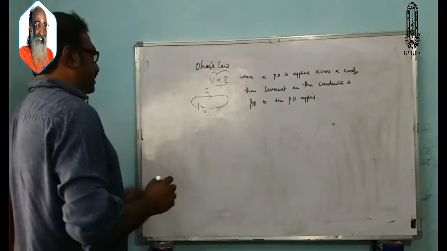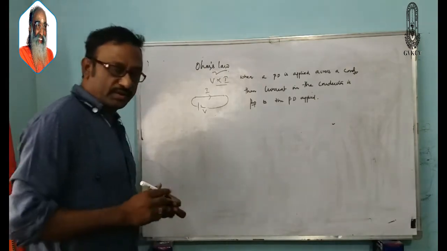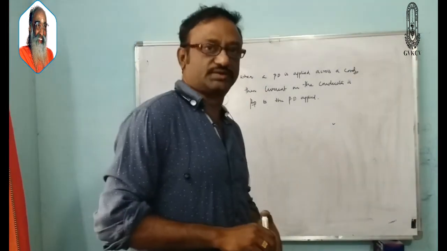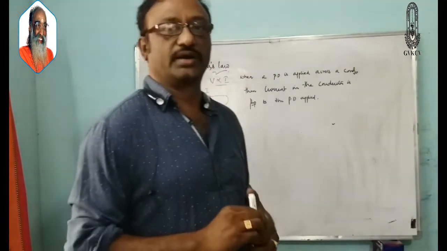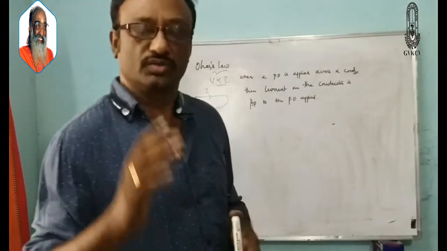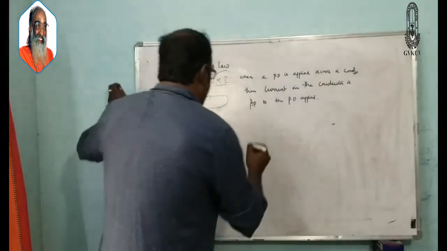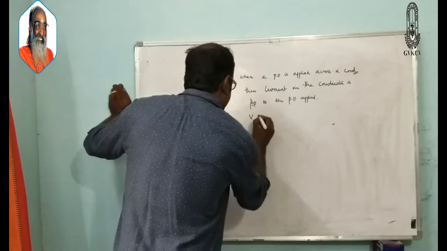So this is the statement. That means whenever you apply a potential difference across its ends, the current flowing in the conductor is directly proportional to the potential difference applied, and we show it as V proportional to I.